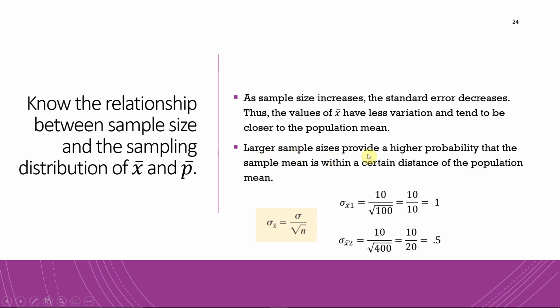Have a larger sample size, because by having a larger sample size, you have a smaller error, and you have a higher probability that the sample mean will be within a certain distance of the population mean. So again, conceptually thinking about these ideas, I know sometimes it's easy just to plug values into an equation, but sometimes it's good to think about what you're doing, why you're doing it, and how it's related to the big picture of statistics and understanding probability.